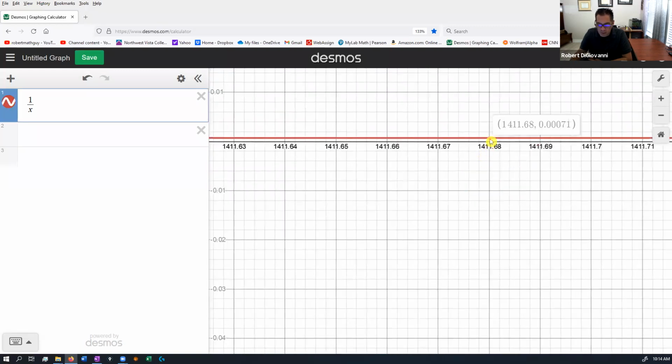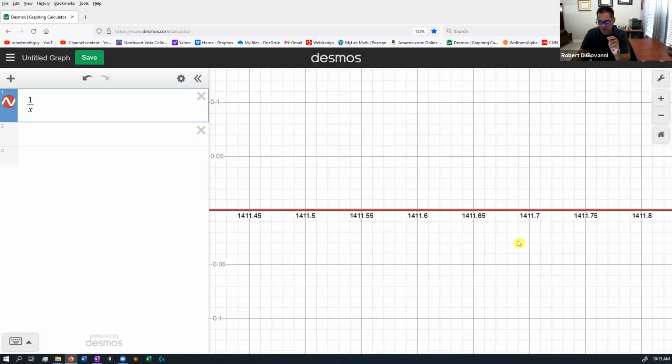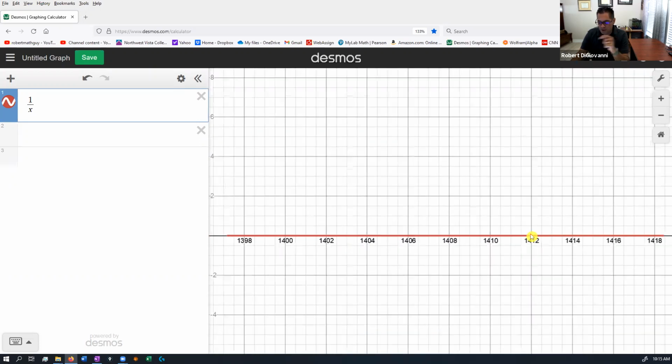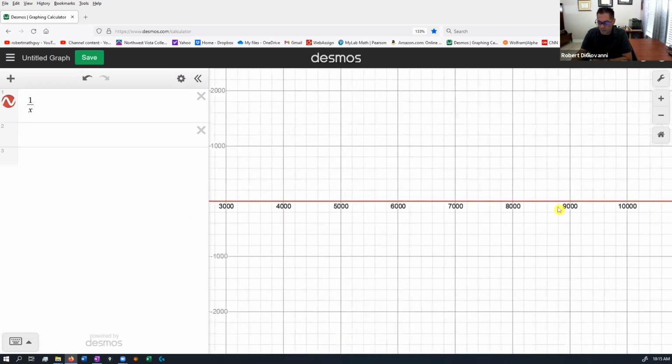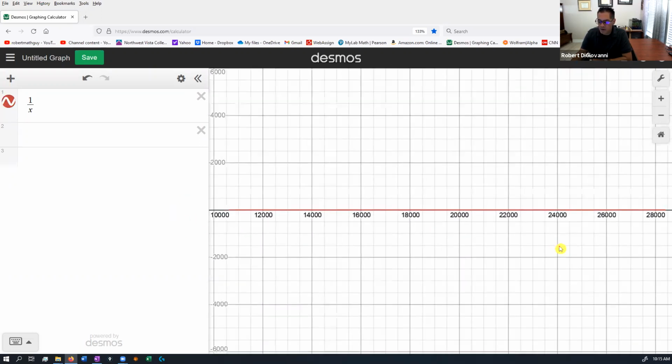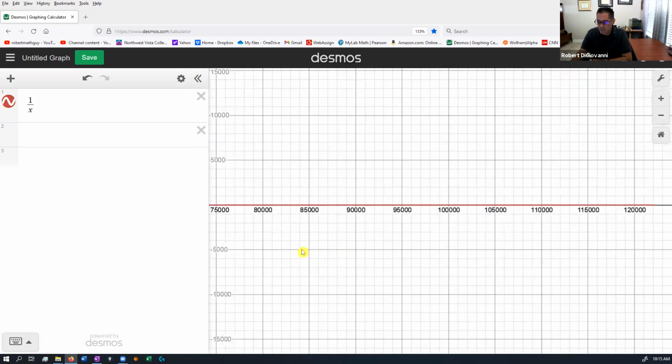If I go to this point, look at how small it is: 0.00071. That's a very, very small number, but it's not 0. And I can just keep doing this on this graph. I can go out as far as you want me to go. You want me to go out to 1 million, I can go out to 1 million, doesn't matter.